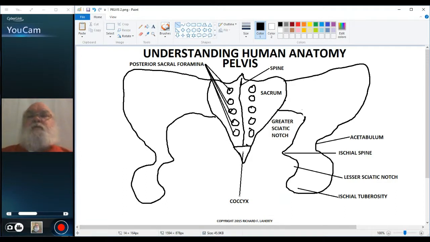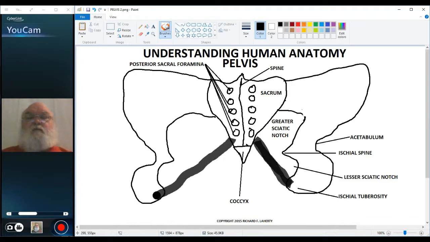Now, the pelvis has some ligaments here, and one is from the sacrum to the ischial tuberosity, and this is the sacrotuberous ligament.